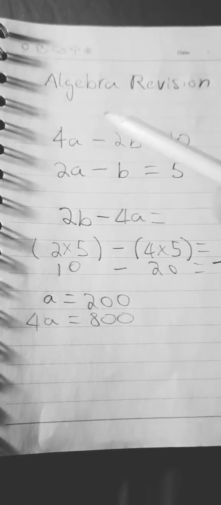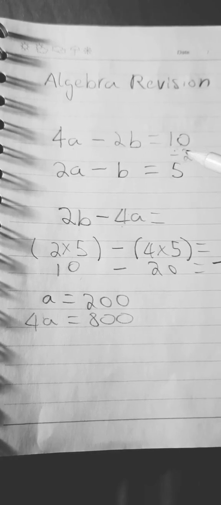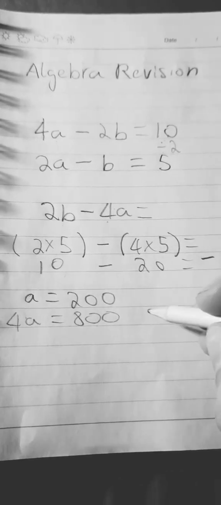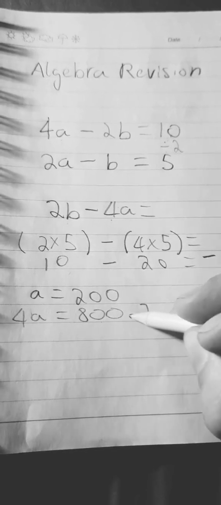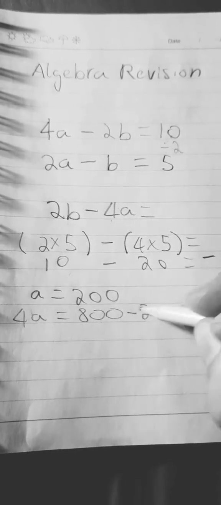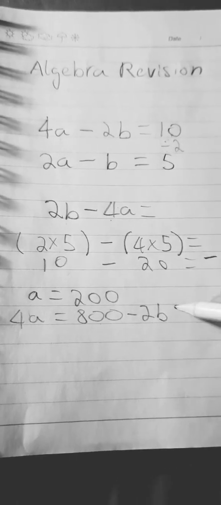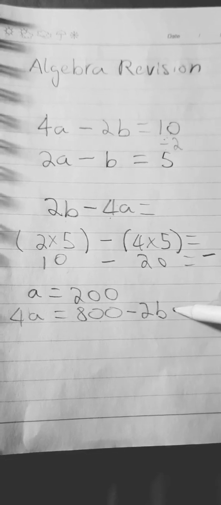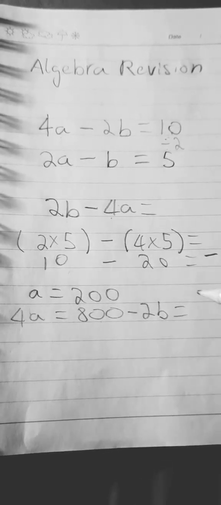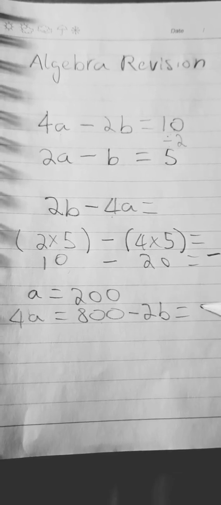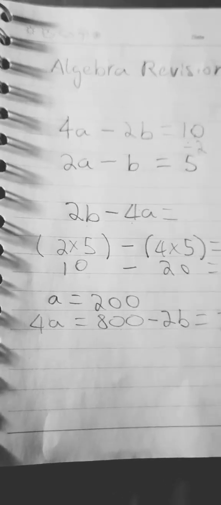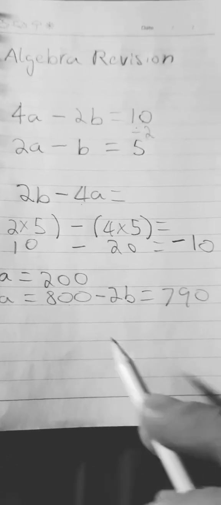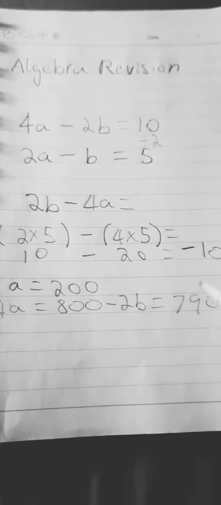And 800 take away 790 would be 10. Take away 2b, and 2b equals 790. So we end up with 800 take 790, which would also equal 10.